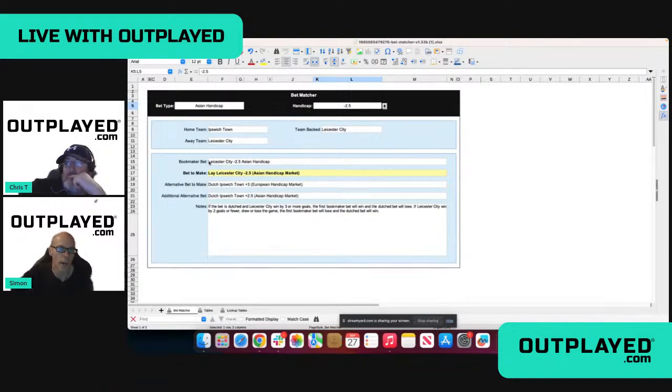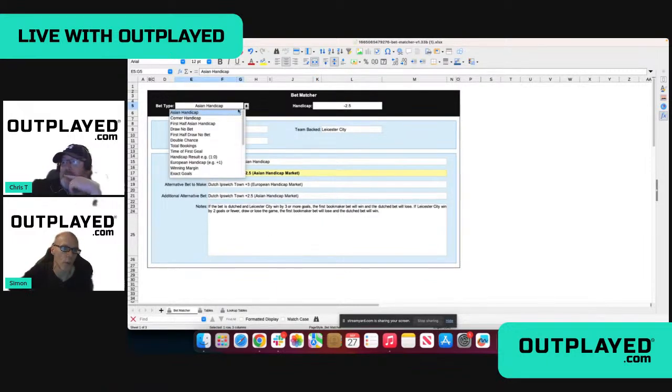So the back bet is Leicester City minus 2.5. It won't say Asian handicap necessarily, but if it's Leicester City minus 2.5, it'll be an Asian handicap. The lay bet, nice and straightforward, is Leicester City minus 2.5 on the Asian handicap market, but you've got different options as well that you could go for.